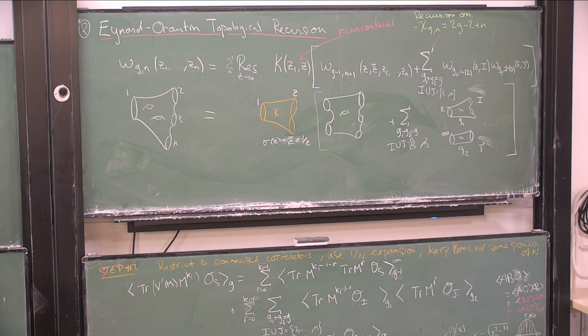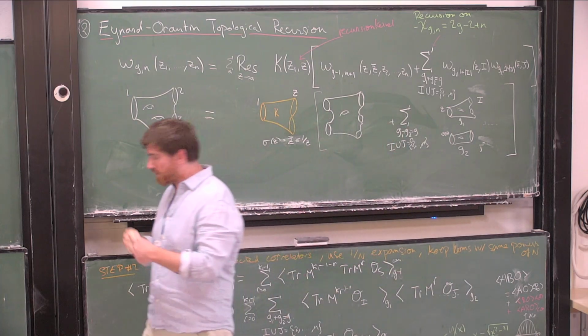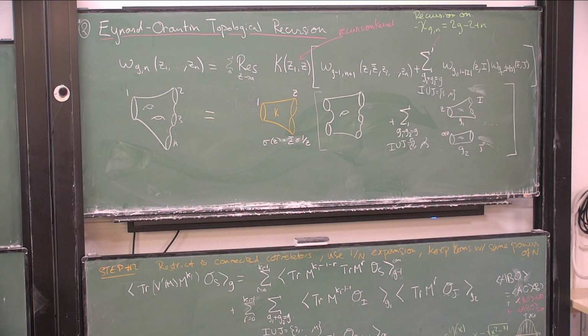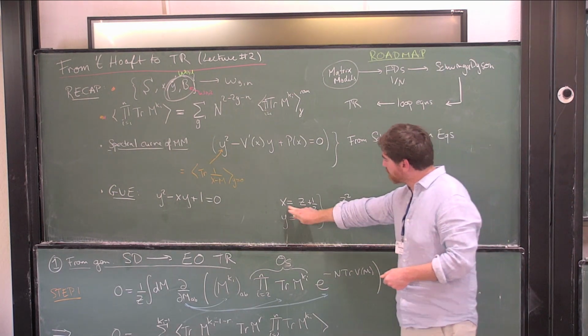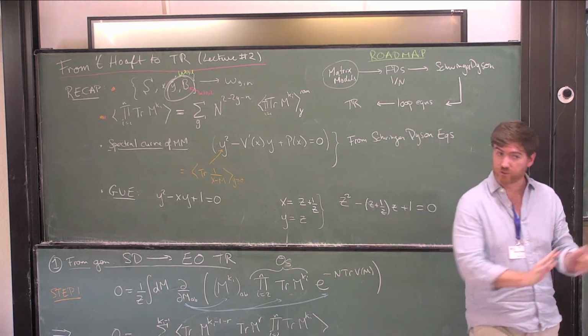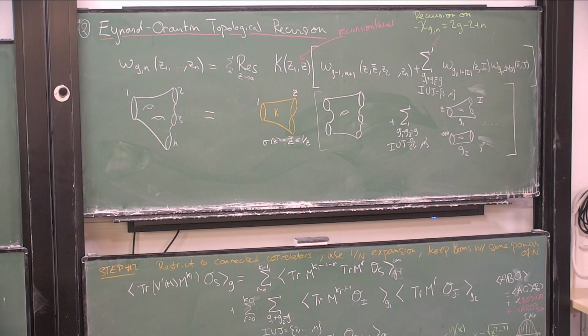Once you start putting x's and y's that you just get to pick, you can always compute these WGNs in this way. Right now we're looking at them for a particular type of matrix model, but a particular type of matrix model just means picking a particular x and y. So this is a very general formalism, but I'm motivating it to you the way it was discovered from matrix models.